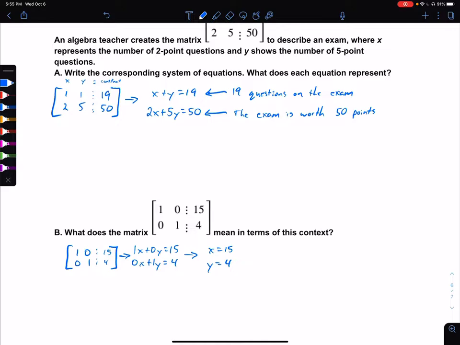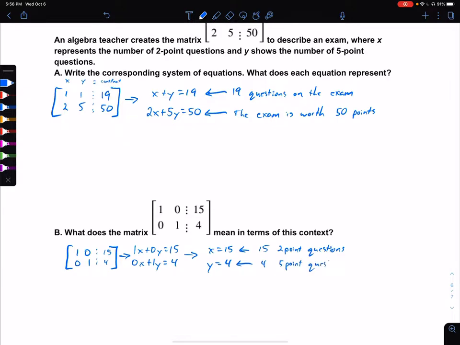If we know x is the number of 2-point questions and y is the number of 5-point questions, then this is telling me how many questions there are. So this means that there are 15 2-point questions, and this piece here means that there are 4 5-point questions.